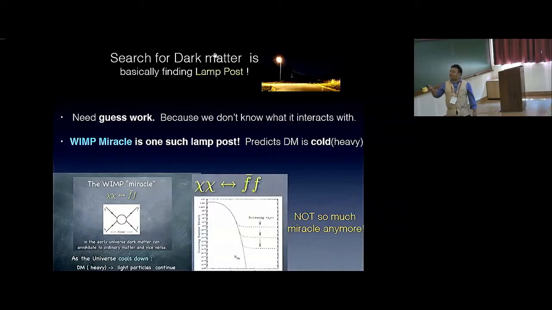And one such guess was the WIMP miracle. It was not only a guess, but there was some sort of coincidence. As we all know, WIMPs were very heavy particles and they were annihilating to standard model particles and back and forth. As the universe cools down, only the annihilation was going to the standard model particles because there was not enough energy to create WIMPs back.